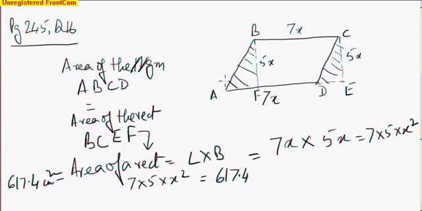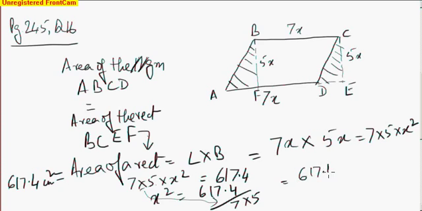So x square is equal to 617.4 divided by 7 multiplied by 5. We get these two things on the bottom here. Now we just work the sum out: 617.4 divided by 7 multiplied by 5.